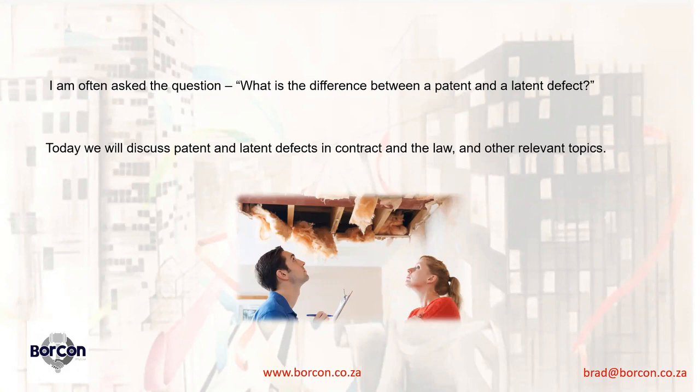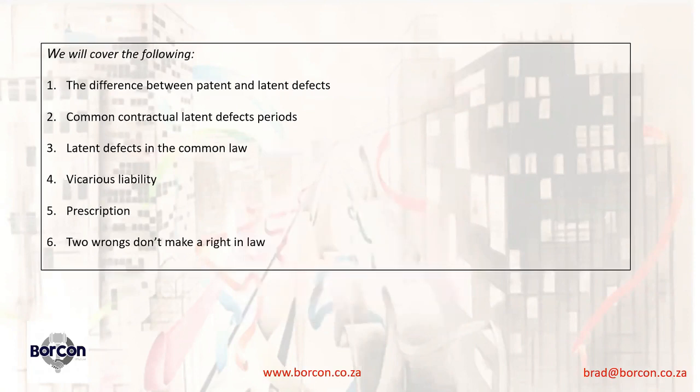We'll discuss the difference between patent and latent defects. We'll talk about the common defect liability periods. Okay, I'll tell you a little bit about how the common law works. We'll discuss vicarious liability, which is a big word, but it's a simple principle.